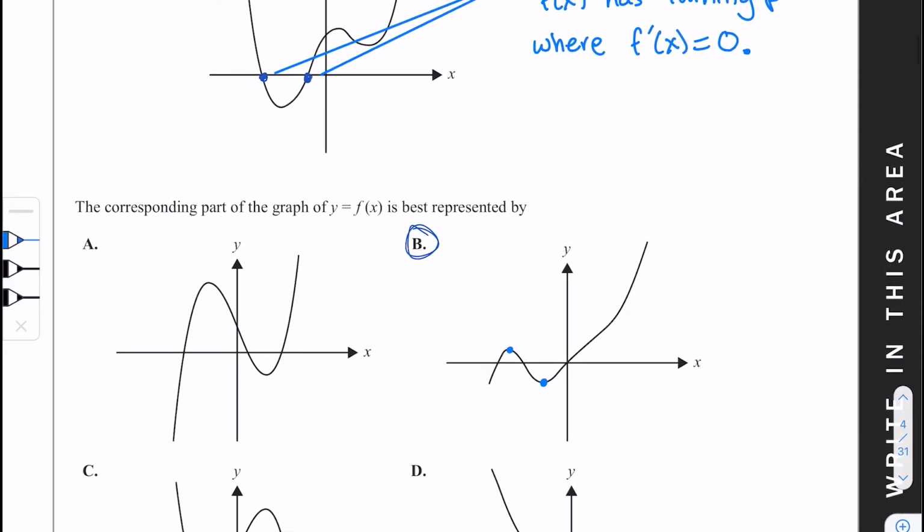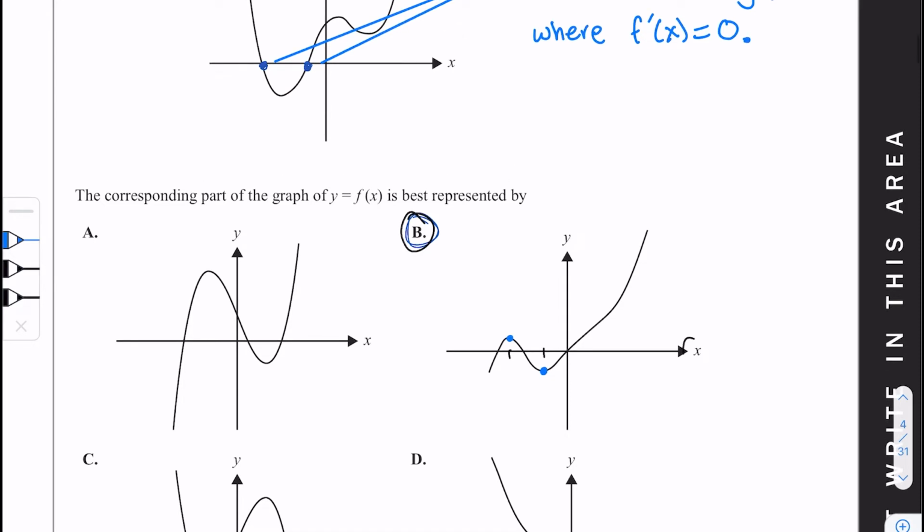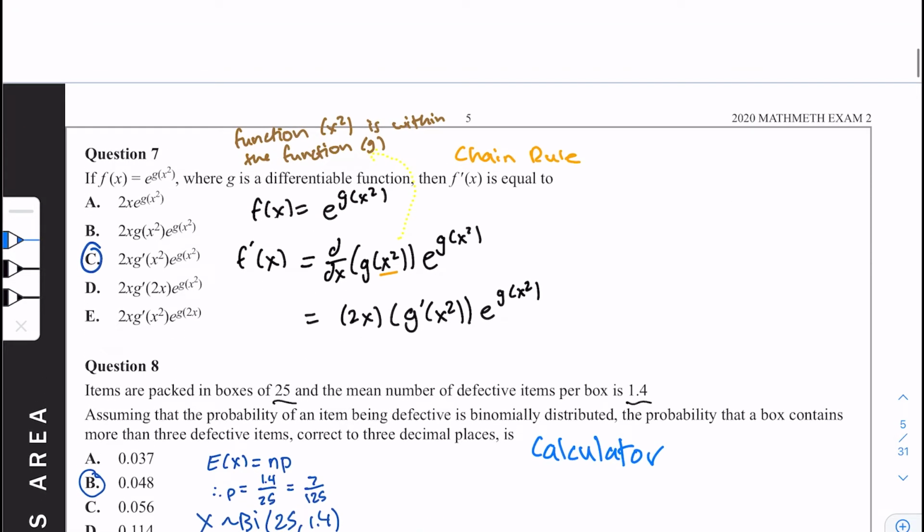So at these x coordinates, like let's say -1, -3, we have turning points. And for graph B, that's what that looks like. At roughly those x values, we get turning points on the graph of f of x, which is what we want. So it's B.